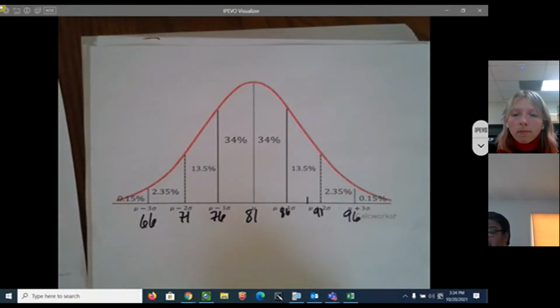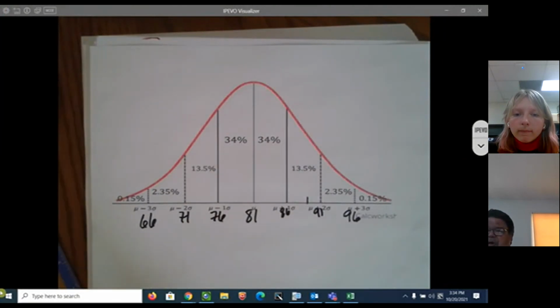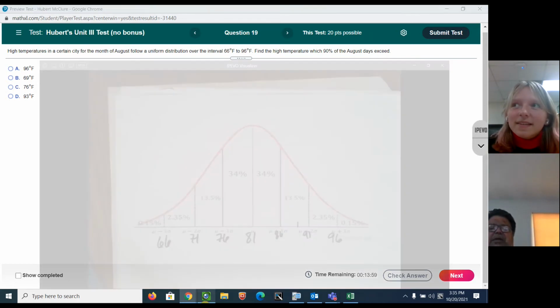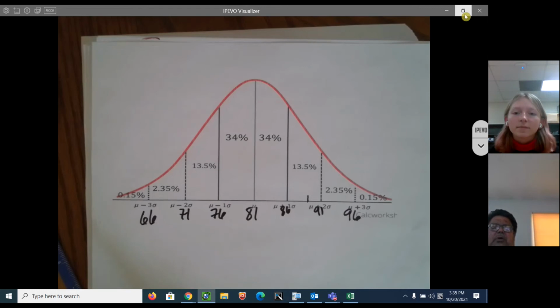Now, 90%. This question is still very vague because it's not saying middle 90%. Find the high temperatures which 90% of August days exceed. I don't understand how to do this properly, because I just divided it up.